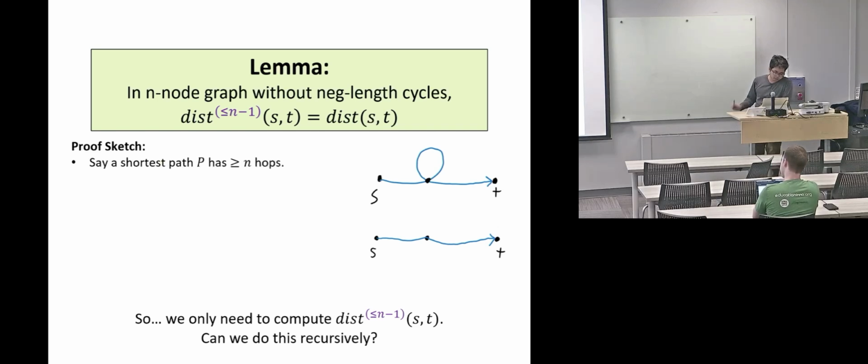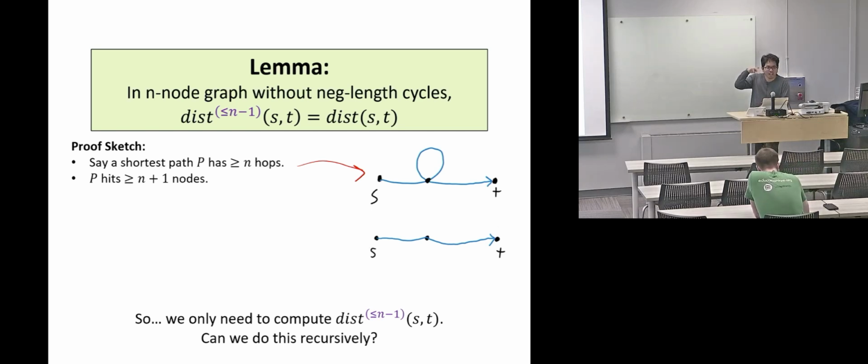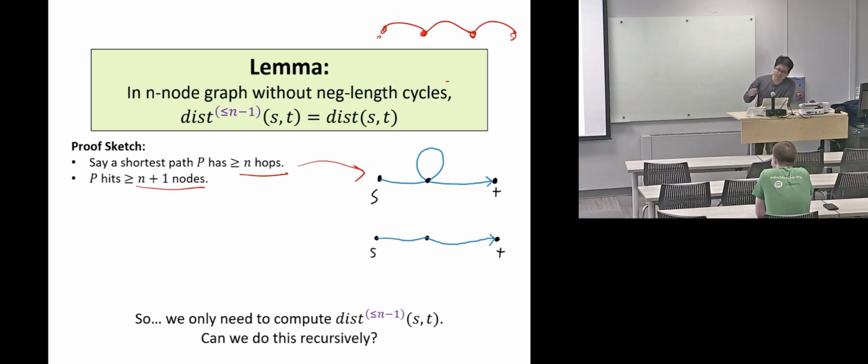Suppose the shortest path uses at least n hops, at least n edges. Then it must hit n+1 nodes. If it uses 1 hop, it uses 2 nodes. If it has 3 hops, it uses 4 nodes. So if it uses at least n hops, it uses n+1 nodes.